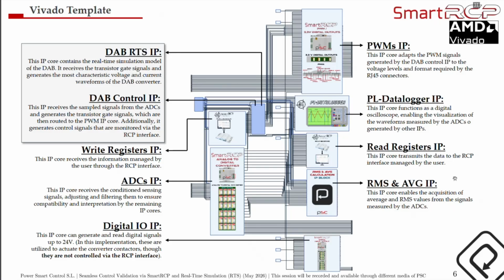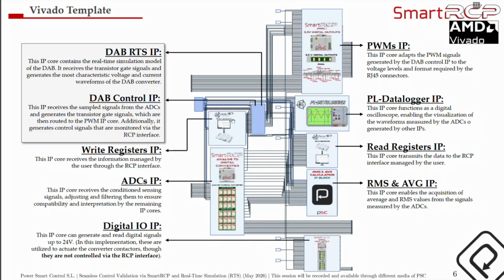In order to implement the control on the SmartRCP FPGA, we are going to use Vivado. That is the tool that AMD provides in order to program the FPGAs. In this capture, we can observe two fundamental parts of the template that we provide. The first is all the generic drivers and stages that the SmartRCP requires to operate.